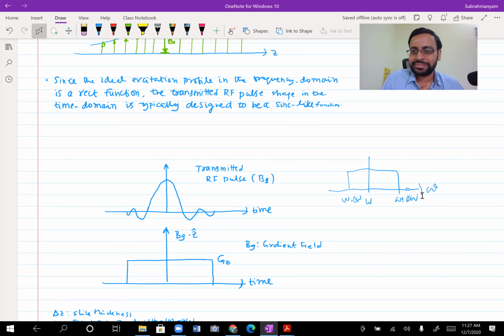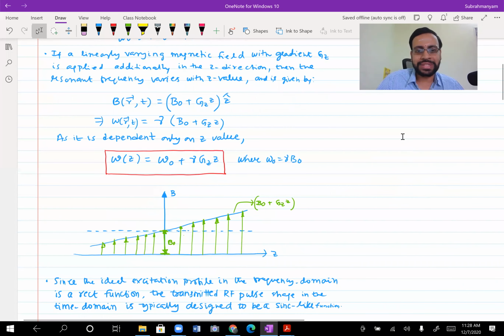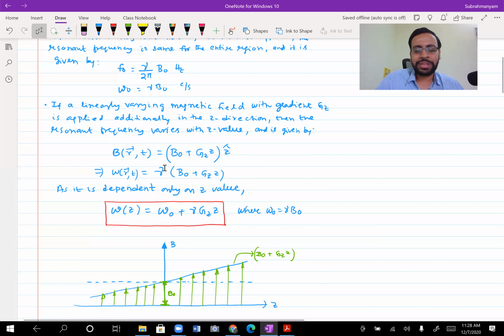So what if there are multiple materials which are lying in that particular range? No, see, we are considering hydrogens here. Okay, spin is hydrogen, hydrogen atoms only you are considering. Within that, if the density of these hydrogen atoms is changing, that has nothing to do with frequency. If you look at the expression for frequency, it has something to do with the gyromagnetic ratio for a given atom, which is, for example, hydrogen.